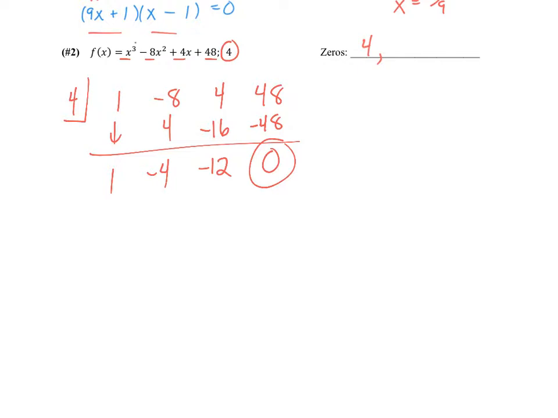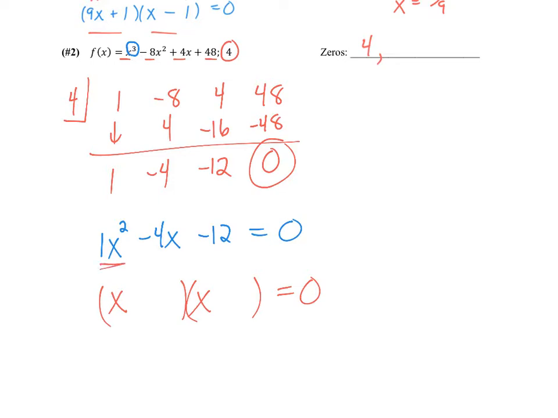Now, the biggest exponent is x to the third. So down here, we'll have 1x squared minus 4x minus 12. And we're trying to find the zeros, so we set that equal to 0. And then we have to factor. X times x is x squared. And now think of numbers that multiply to negative 12 and could possibly give us negative 4.